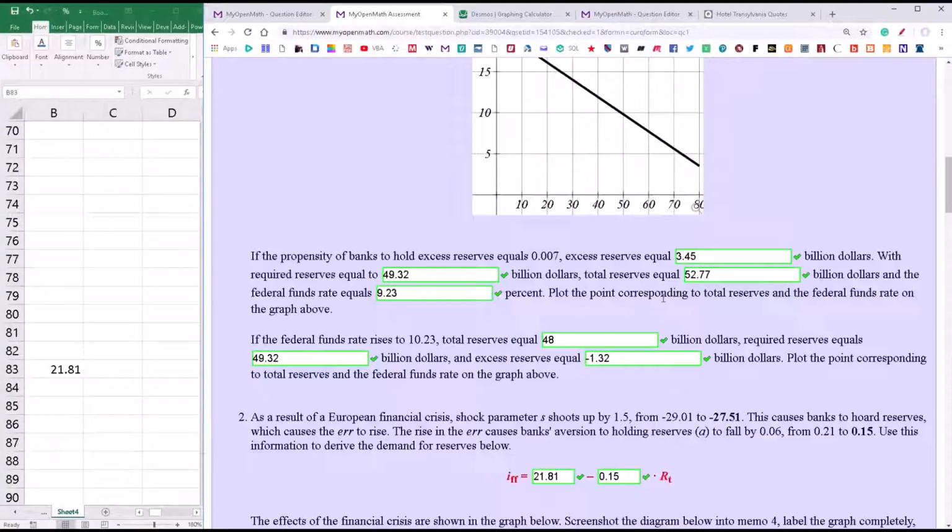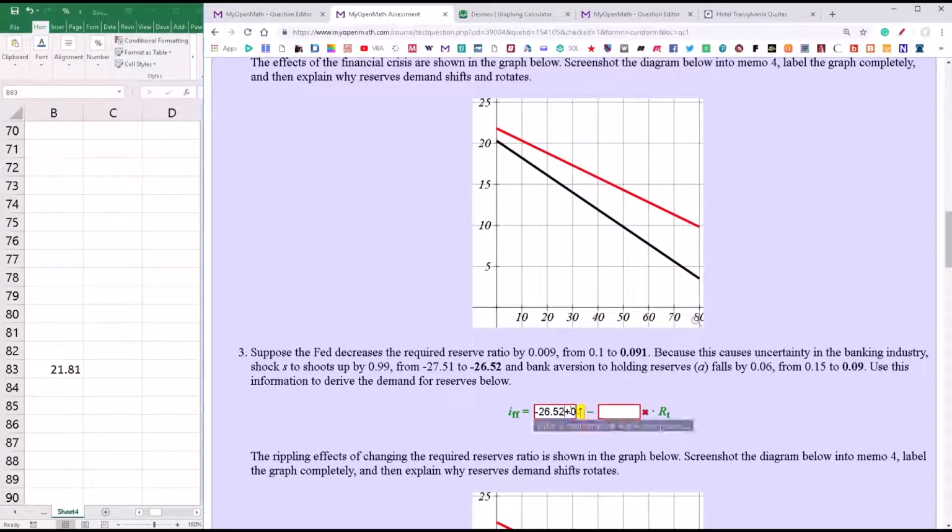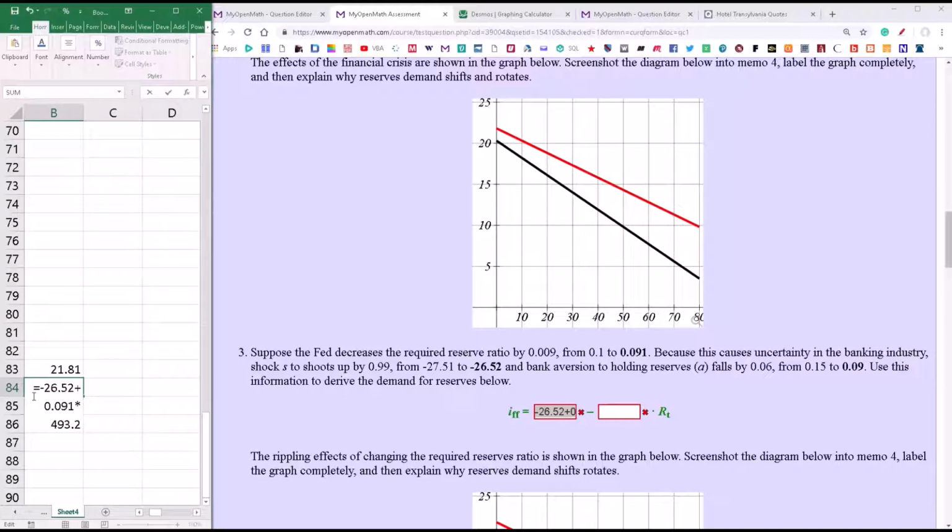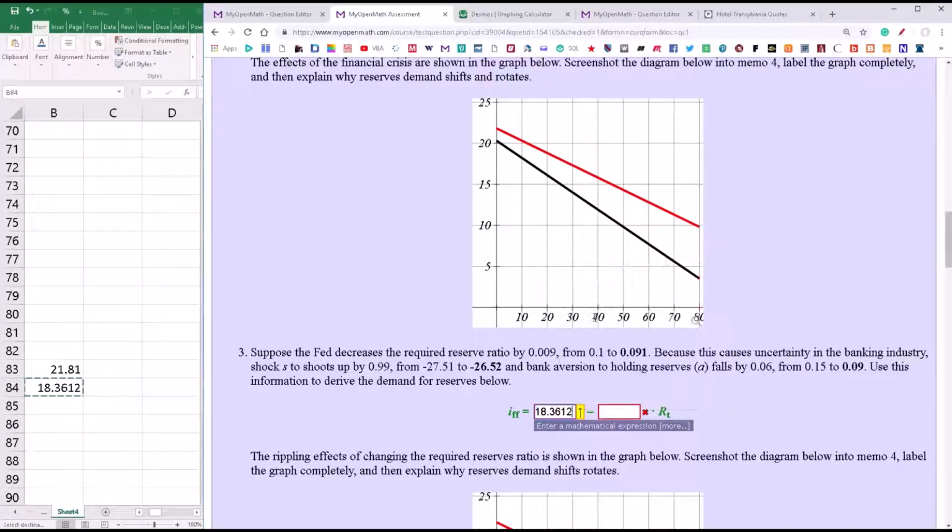So we're taking the checkable deposits amount, multiplying by the new reserve requirement. So this becomes the new required reserves, and we're adding to that this new shock parameter. And we'll go ahead and calculate it over here. So again, we got this new shock parameter, and we got the new required reserves level, and the new intercept is 18.3612, or 18.36.